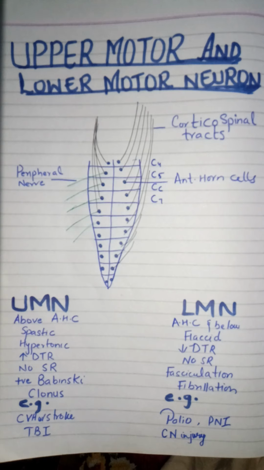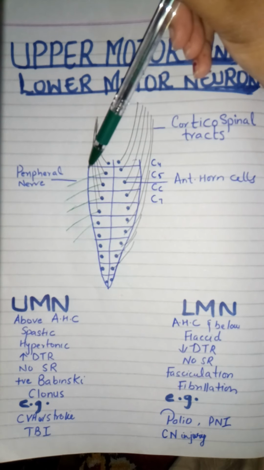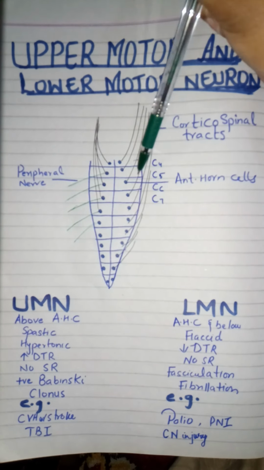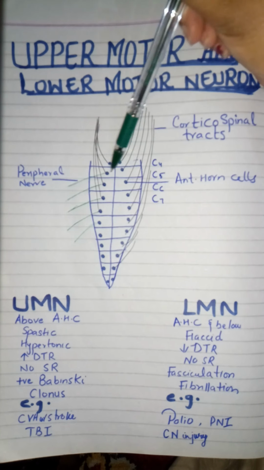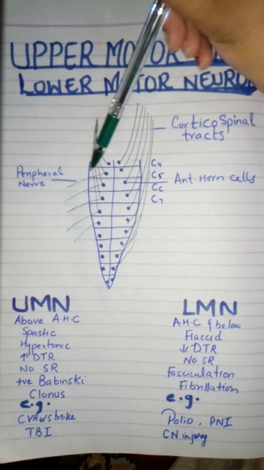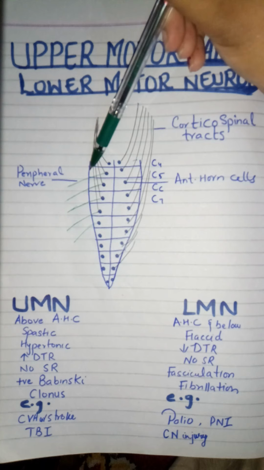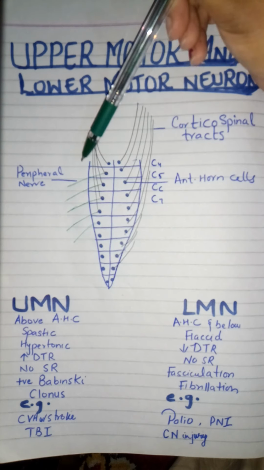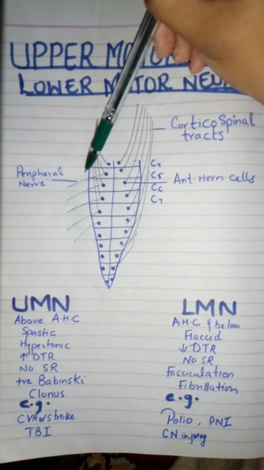Now let's take an example. For example, if the injury or trauma is at the level of C5, the C5 level of the spinal cord got injured or cut by any wound.